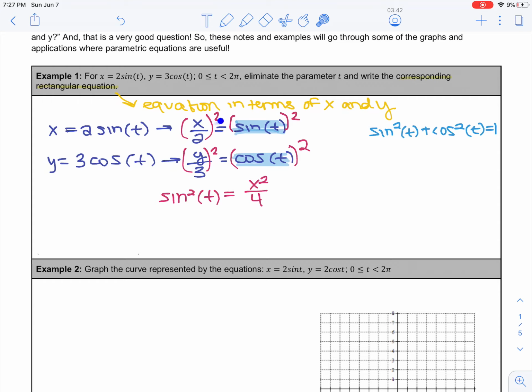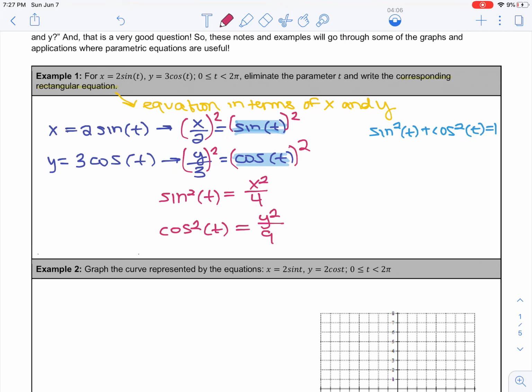So notice we have x squared in our numerator, and we also have the 2 squared. That gives us the 4 in the denominator. Similarly, when I square that cosine t equation that came from our y of t parameter, I find that cosine squared of t is equal to y squared over 9.